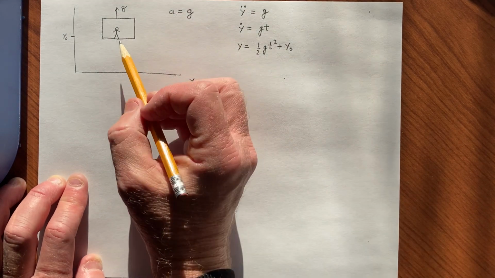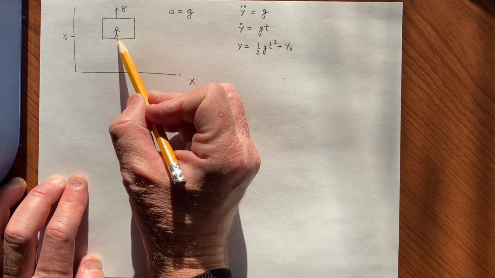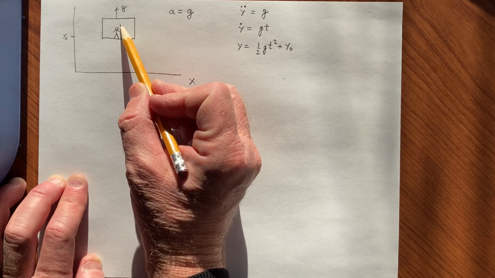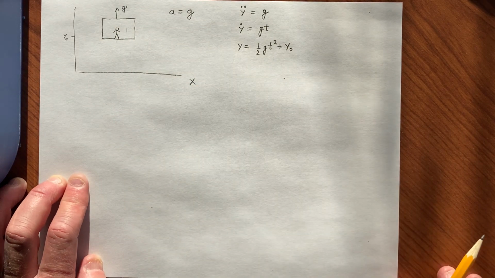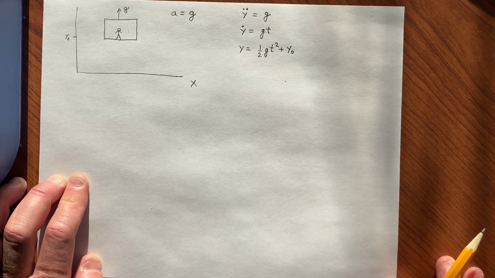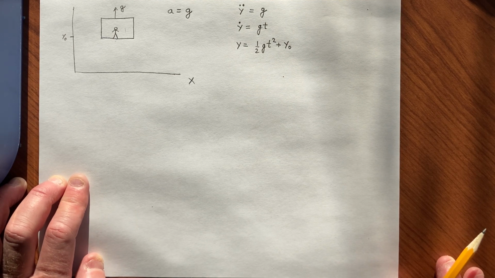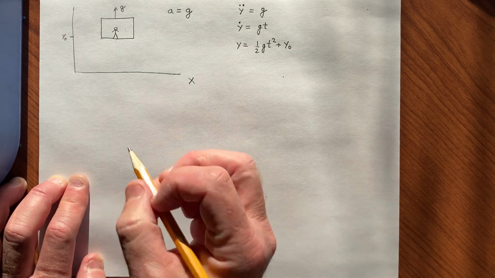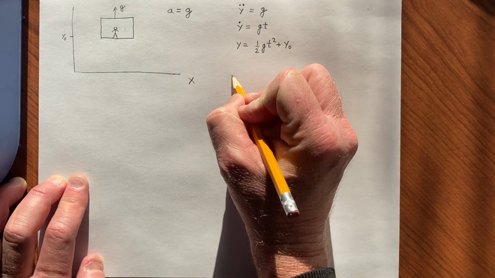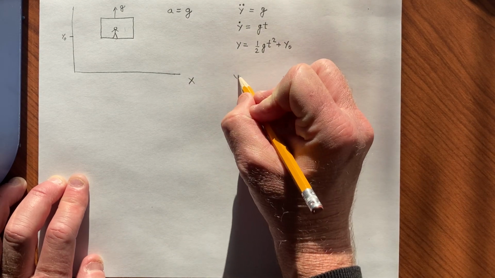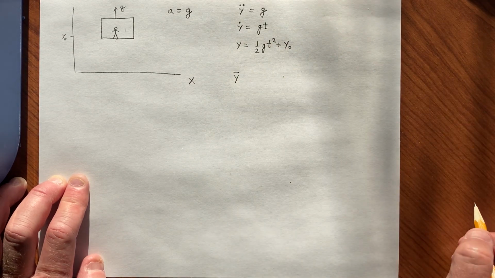But we want to explore this from the perspective of the lab. So from the perspective of the lab, we are in an accelerated frame, and we should see the effects of gravity. So let's change coordinates to y bar.